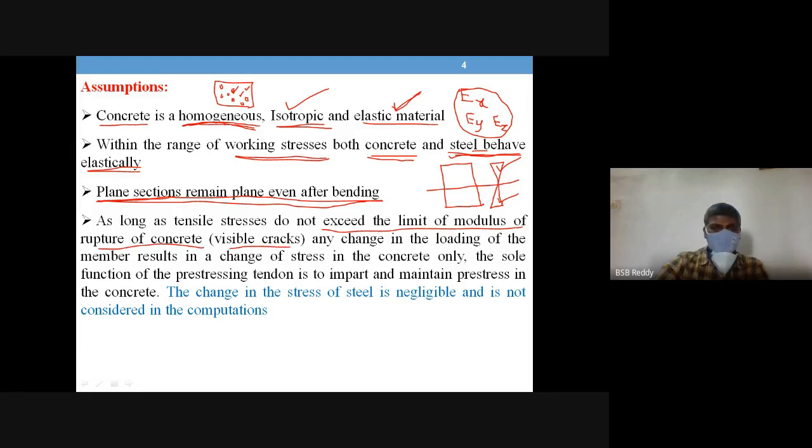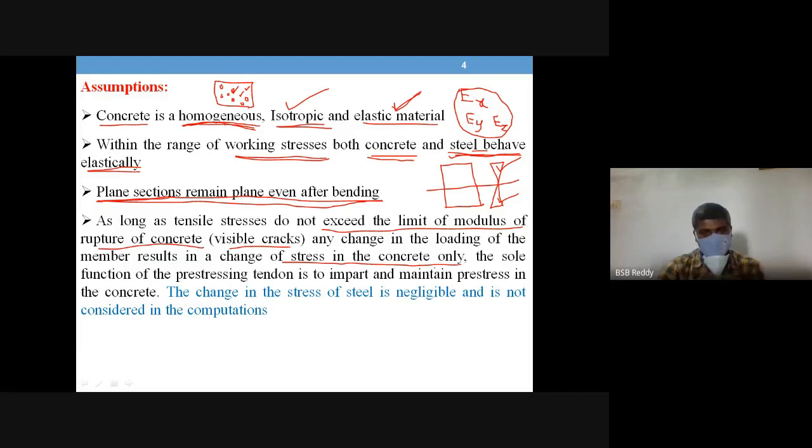Any change in the loading of the member results in change of stress in concrete only, which means the tensile stress in the steel, whatever is imparted by the jacking operation, that means pulling of the tendon, the same stress will be maintained.